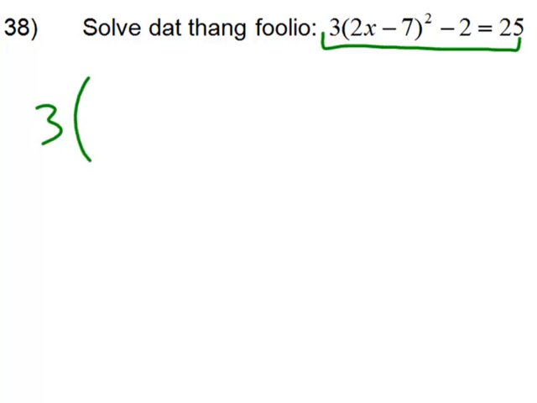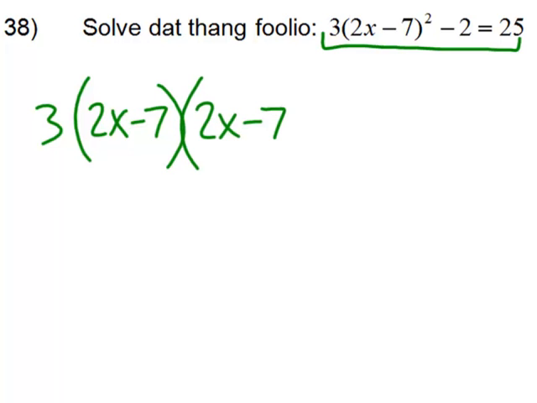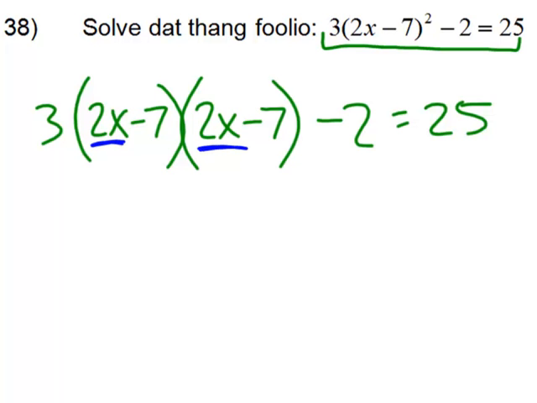3 and then times the 2x minus 7. Again, be careful, avoid the careless squaring of the individual binomial terms. It doesn't work that way. We need to just write the 2x minus 7 right beside another 2x minus 7 and just FOIL it out. All right, so let's go ahead and FOIL out. 2x times 2x gives us 4x squared.